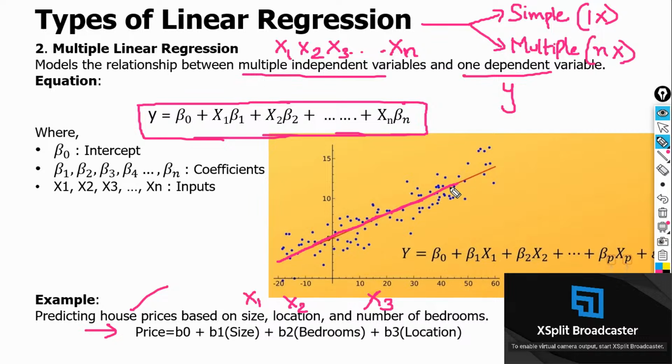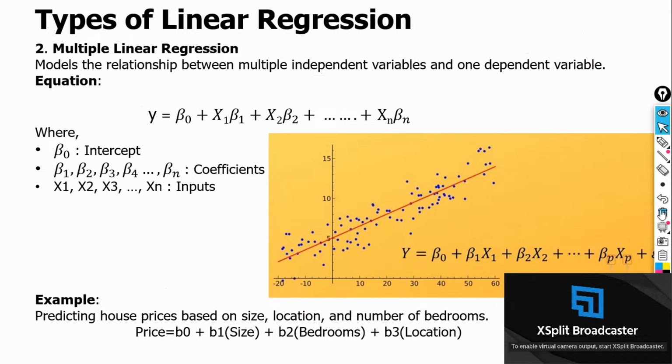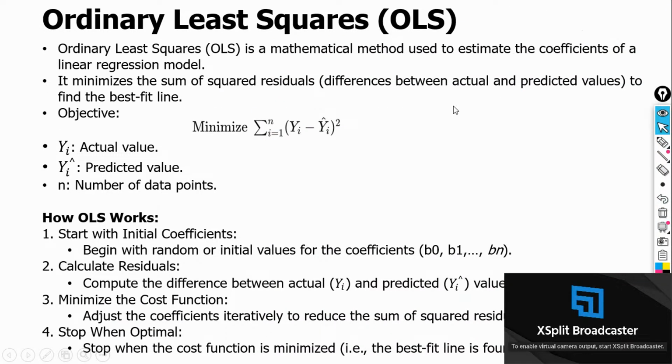There is no change with respect to the line. This is linear regression, so the line will not take different directions. It will be uniform, linear. It will not be like a non-linear case. So you understood the types: simple and multiple.